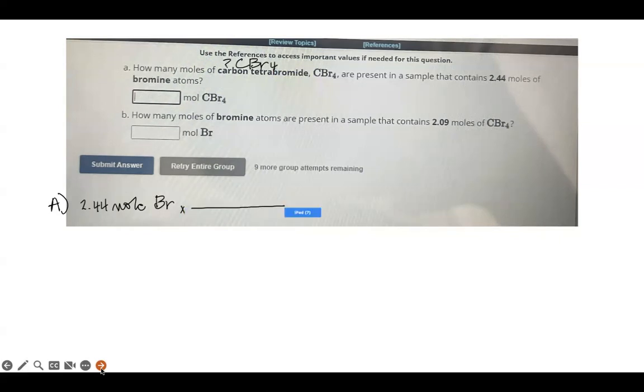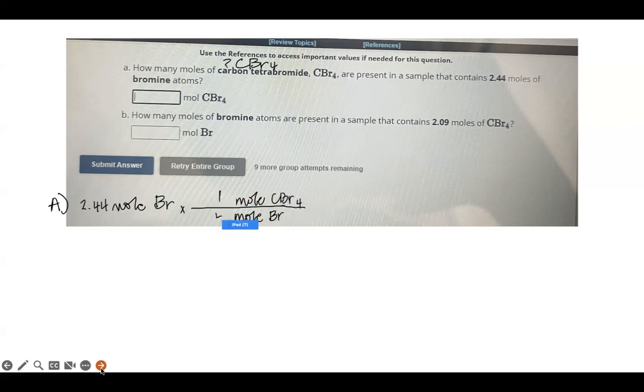All right, so we can get from moles of just bromine into moles of the entire compound by using the subscripts from the compound. So it's always 1 mole with the entire compound.